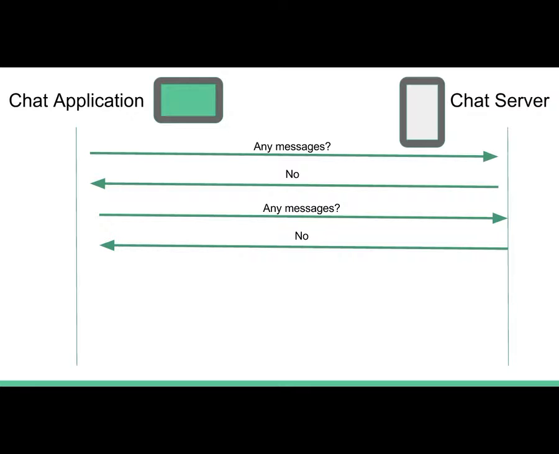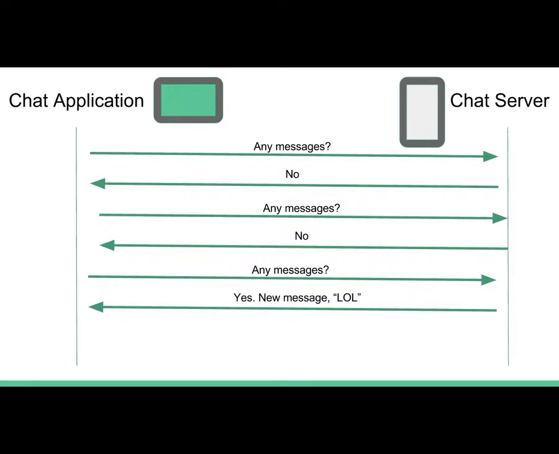And the server would say, no. Then another 2 seconds, it would say, hey, do you have any messages? And the server could send you a message, say, yes, my new message is LOL, lol. So I guess as you can all see here, this is not really efficient because we're always communicating back and forth with the server. And most of this communication is useless. We don't have many messages.